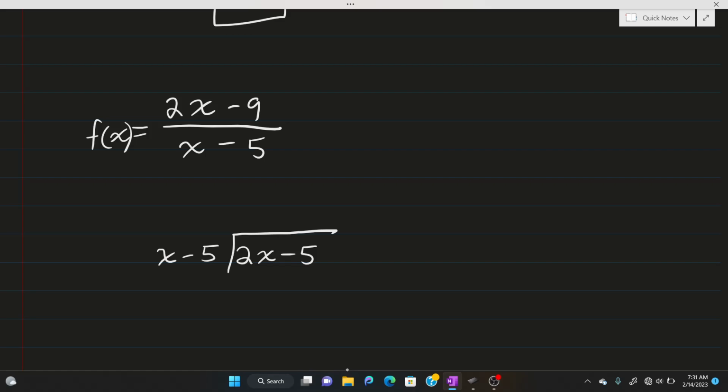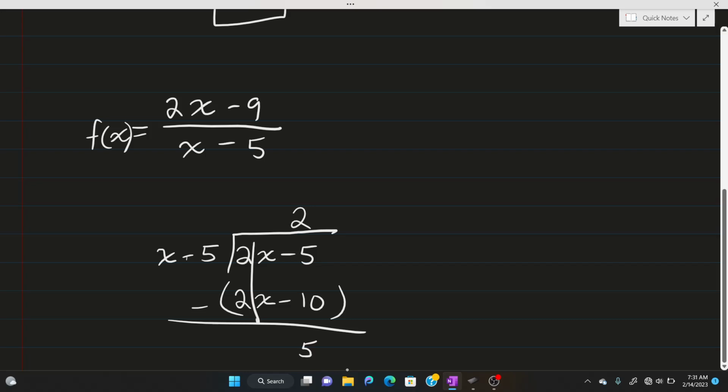I'm looking at my first two terms. What would I need to multiply this outside term in order to get the inside? The answer is 2. You multiply the 2x. 2 times negative 5 is negative 10. Then I subtract. These cancel.